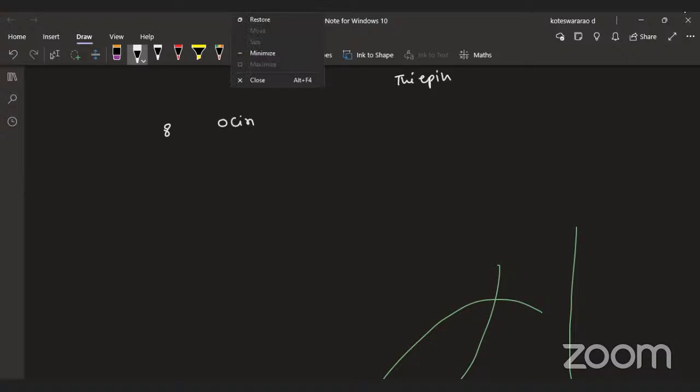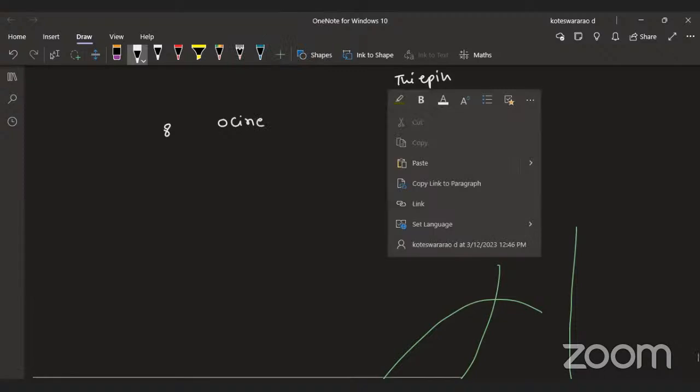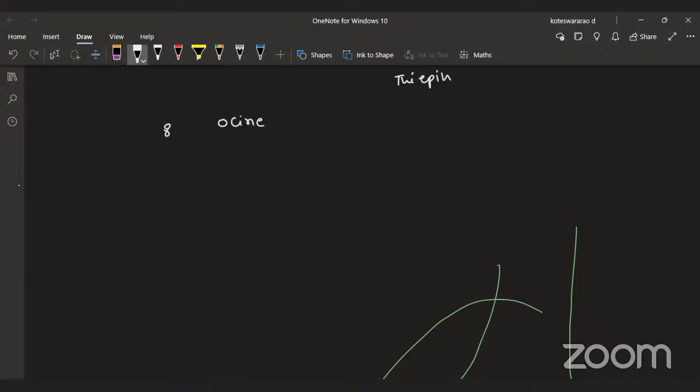The name is ocine. Azocine. When nitrogen with unsaturation, azocine.